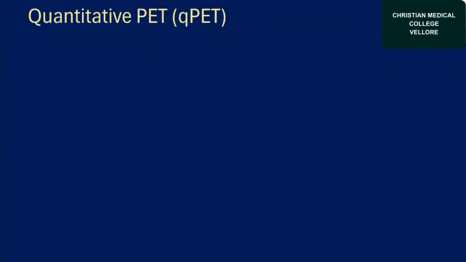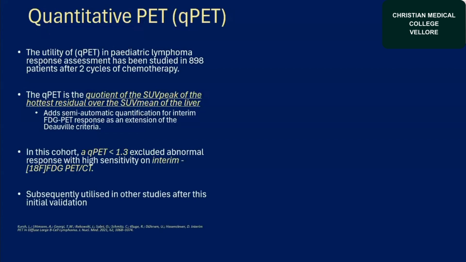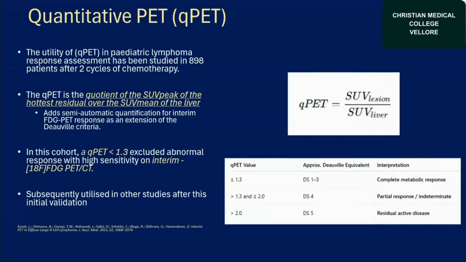There is also an entity called the quantitative PET, apart from the Deauville score, where this was looking at the QPET or the quantitative PET in pediatric lymphoma at the end of interim treatment. The QPET is nothing but the quotient of the SUV peak of the hottest residual lesion divided by the SUV mean of the liver. So the cutoff was 1.3.